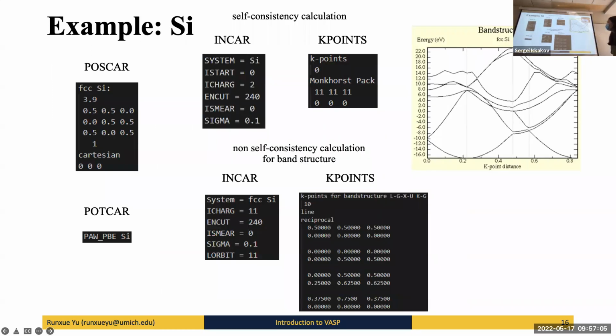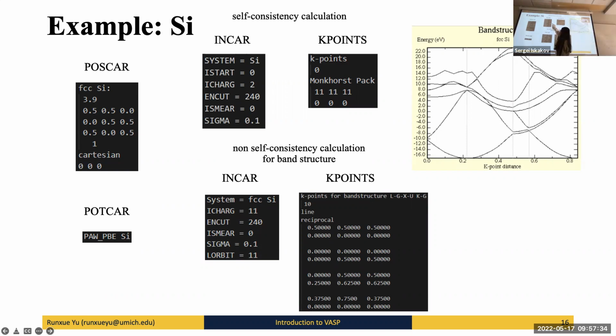Then I will give you some examples. The first example is for silicon, and the POSCAR will give you the geometry of the silicon. It is just FCC, and we use a PBE potential for the silicon. If we want to have the band structure, usually we will do a two-step calculation. The first one is a self-consistency calculation.